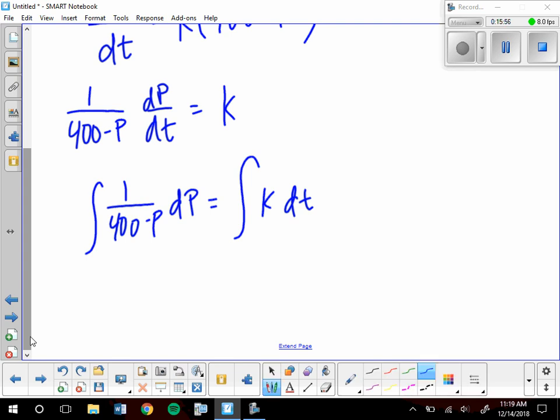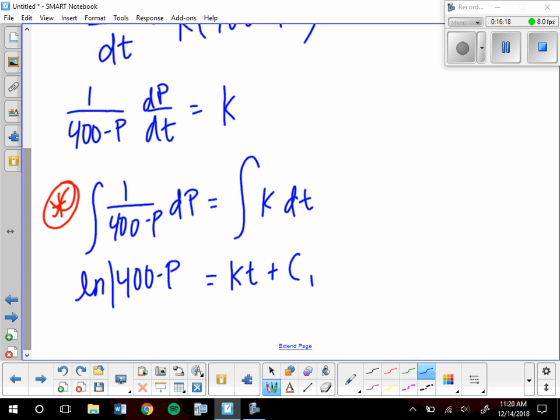It's really easy to anti-differentiate the right side. We just get kt plus some constant. On the left side, I want you to be really careful. This is super, super important. We can see that it's going to be natural log of the absolute value of 400 minus P.